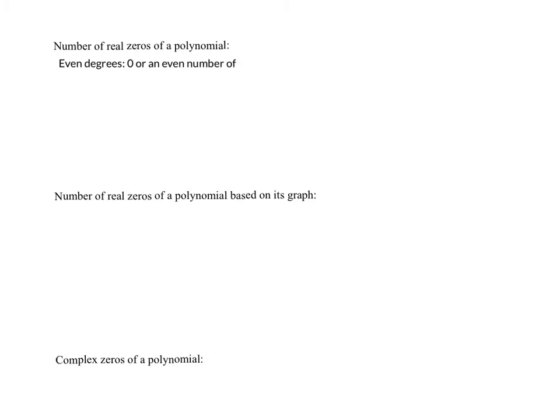number of real zeros. And that comes from, if you were to look at a graph, an even degree function can only cross the x-axis an even number of times or none at all. So for example, if I'm looking at x to the 4th minus x squared plus 1 as a polynomial, its degree is 4.